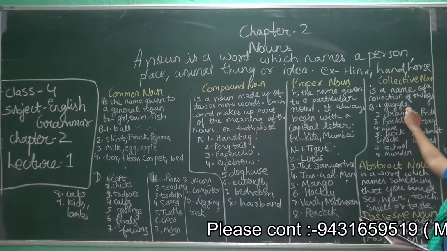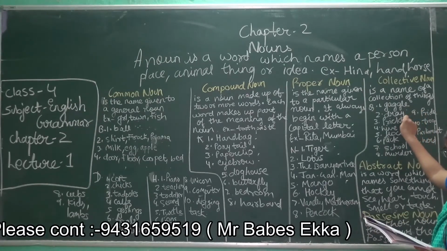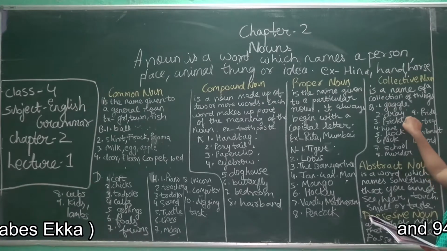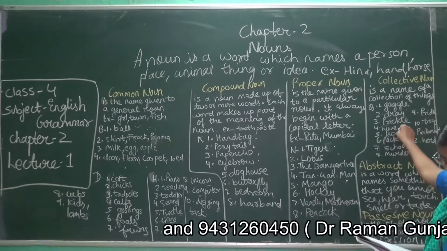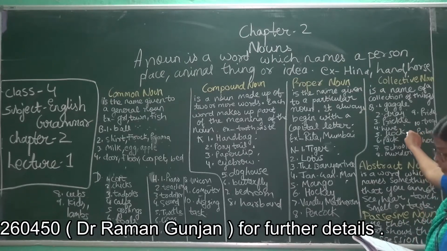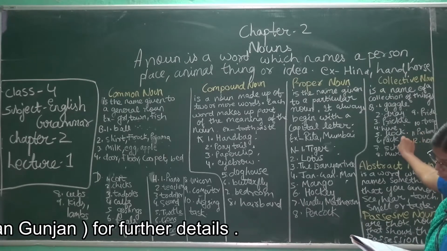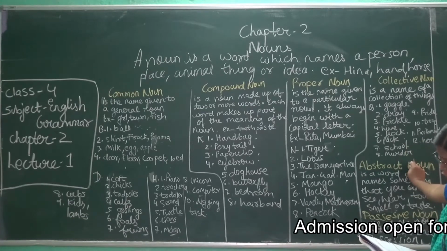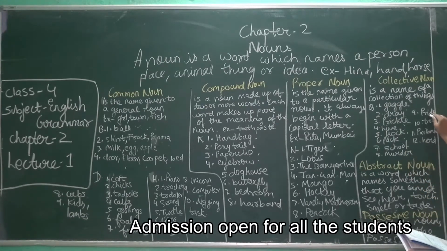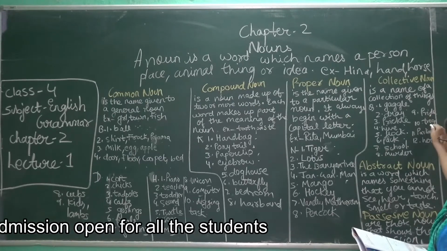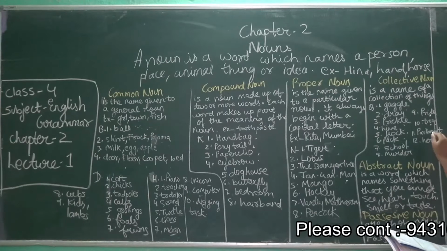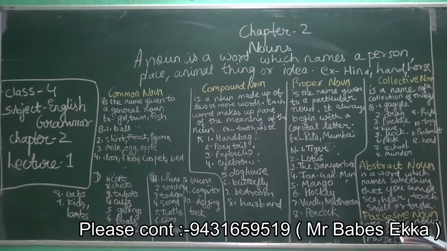Gaggle of geese, dray of squirrels, prickle of porcupines, hive of bees, flock of sheep, pack of wolves, school of whales, murder of crows, pride of lions, troop of monkeys, parliament of owls, and herd of cows.